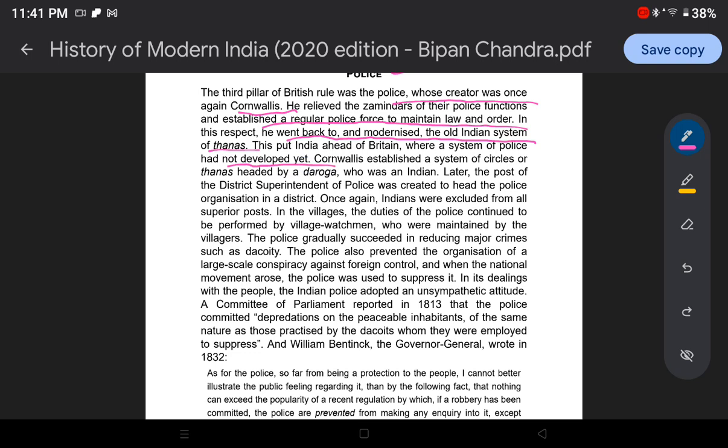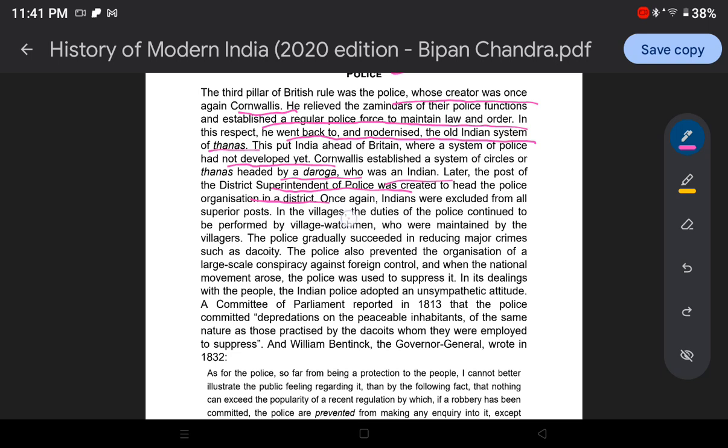Cornwallis established a system of circles of thanas headed by a daroga, who was an Indian. Later, the post of the district superintendent of police was created to head the police organization in the district. Once again, Indians were excluded from all superior posts.